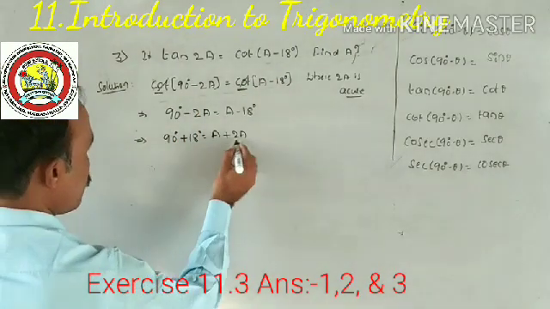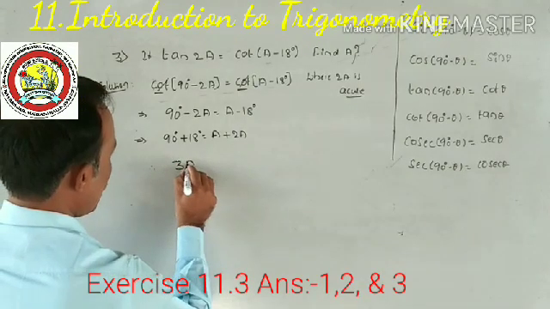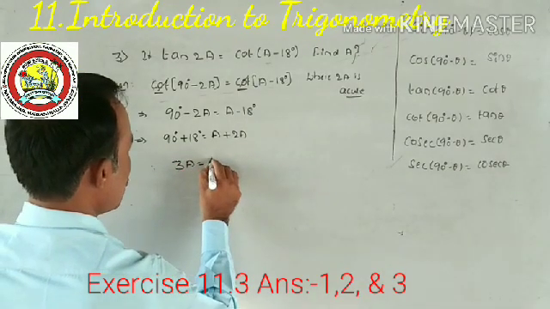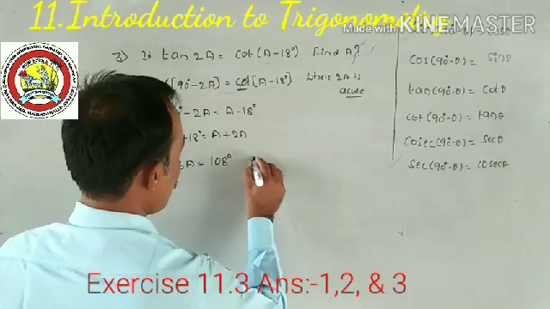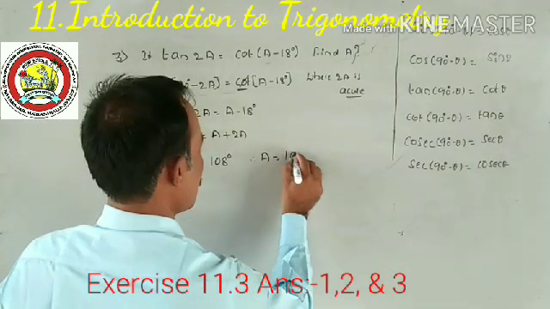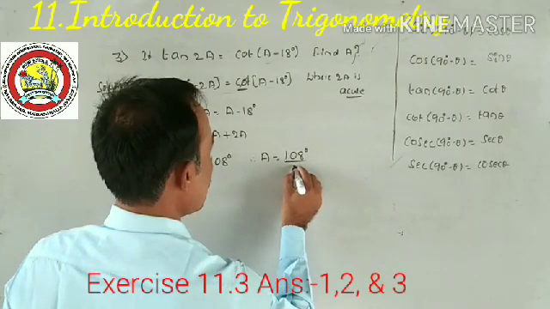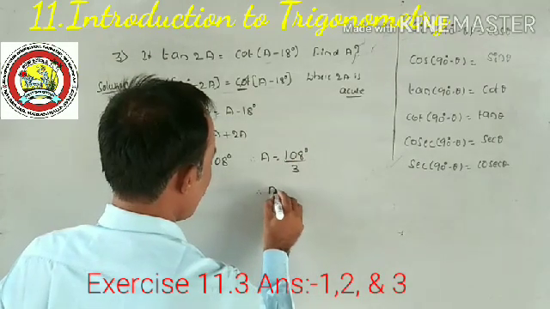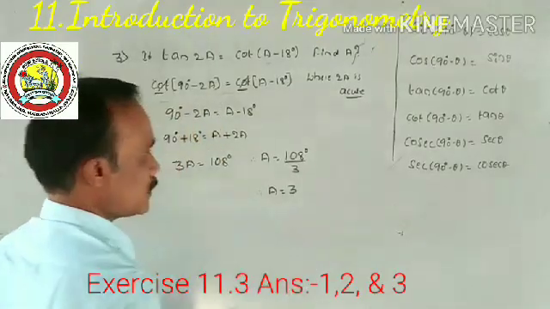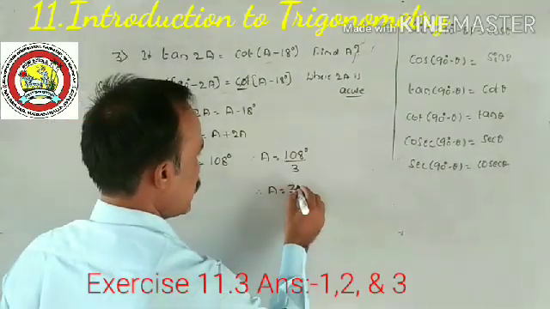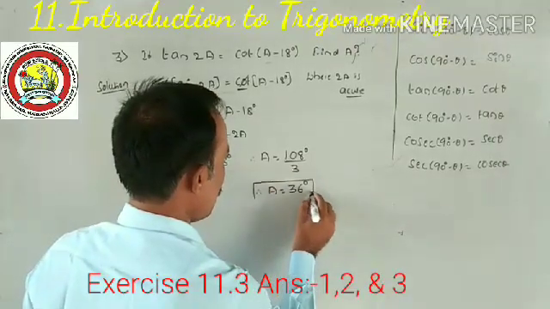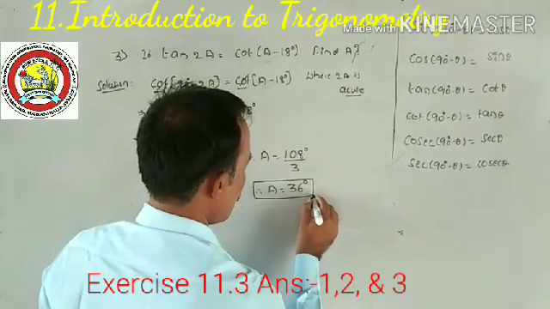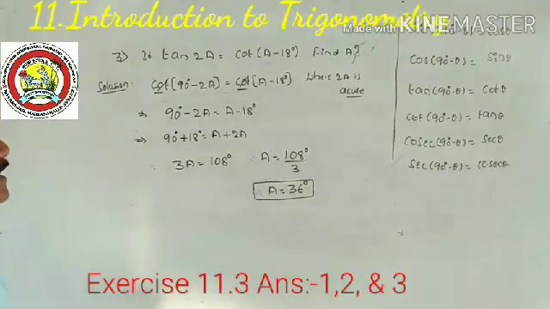Therefore a plus 2a, that is 3a, is equal to 90 plus 18, that is 108. Therefore the value of a is 108 degrees divided by 3. Three 3s are 9, remaining 1, 18, that is three 6s are 18. Therefore the value of a is equal to 36 degrees.